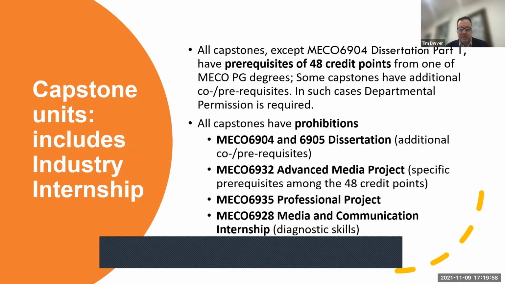And for the advanced media project, whether that's involving video, TV or audio podcasting, they require 48 credit points, but also relevant production units. The professional project capstone has no additional prerequisites other than the 48 credit points. While the internship, a placement in industry, requires a diagnostic skills test.